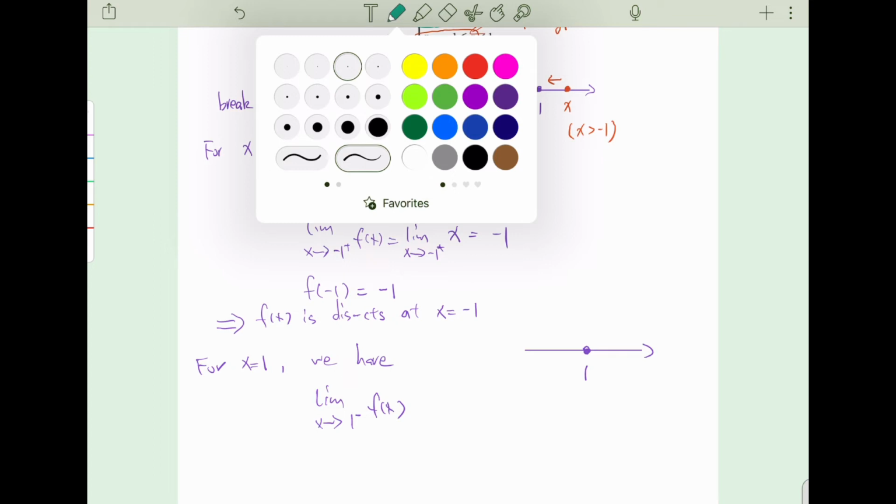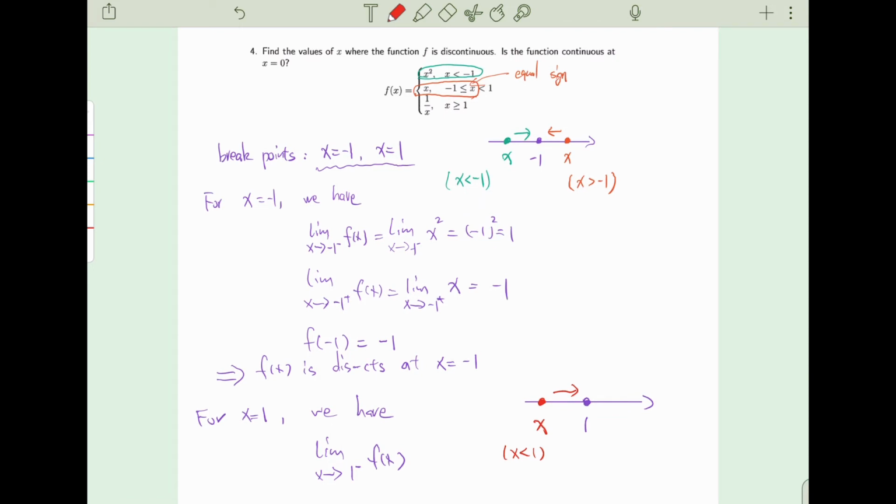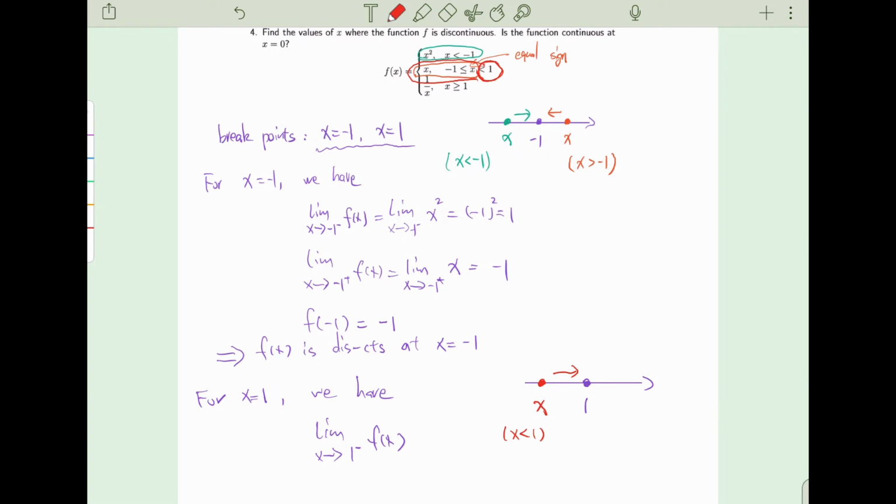So maybe red, okay, red x here. So red x is less than 1, right? Less than 1, you're gonna choose this expression, right? The orange expression is actually the same as the red expression from the formula.